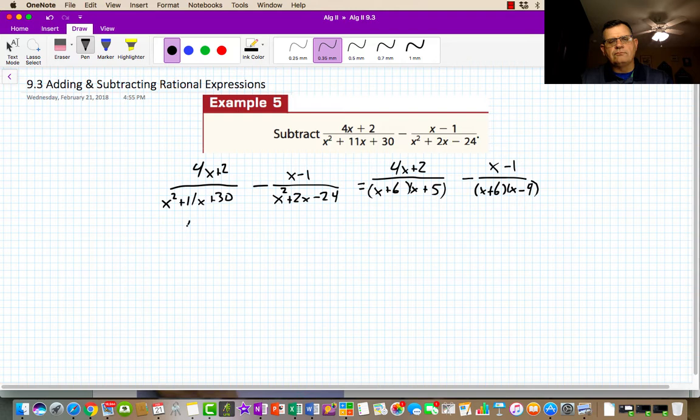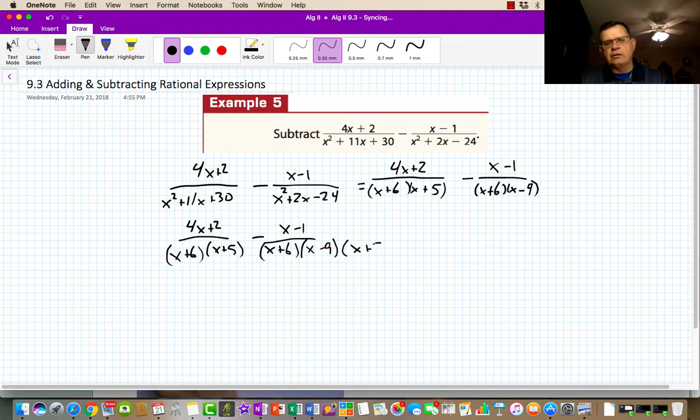So let me redraw this down here. So I don't have an x plus 5 here, so I need one.